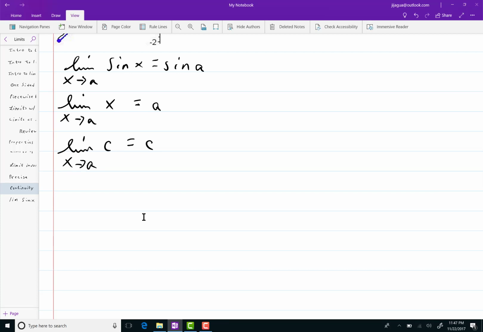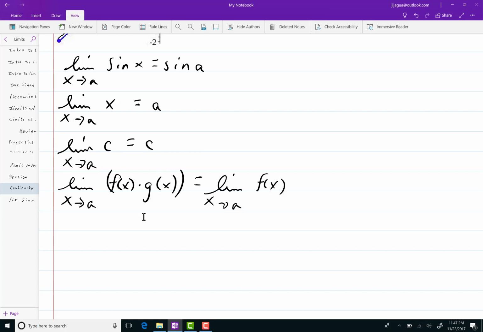As the limit as x goes to a of f of x times g of x equals the limit as x goes to a of f of x times the limit as x goes to a of g of x.